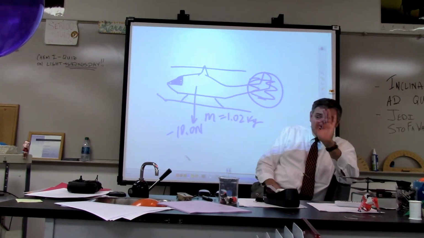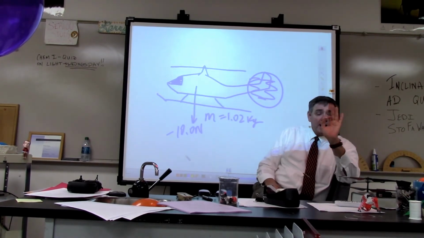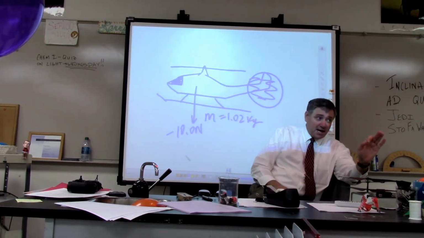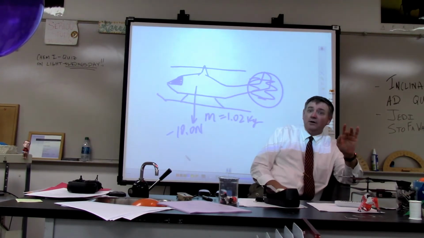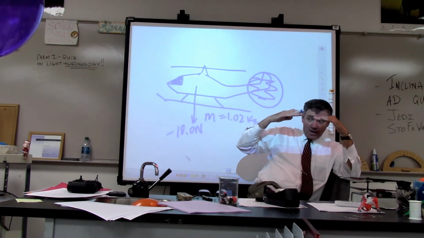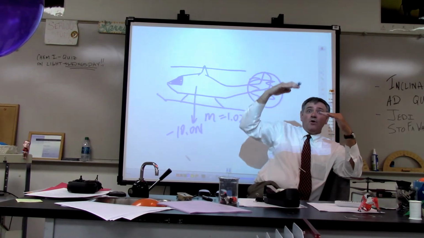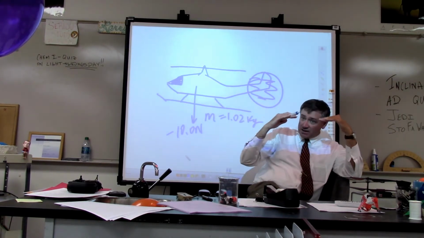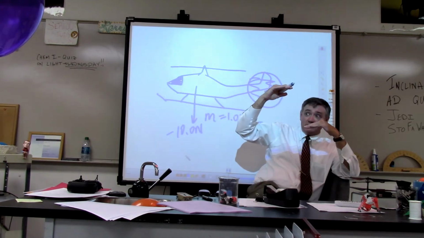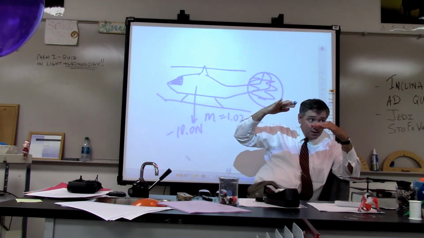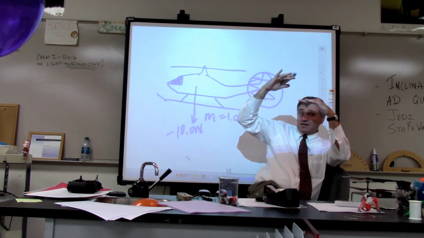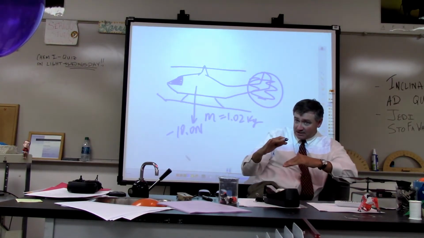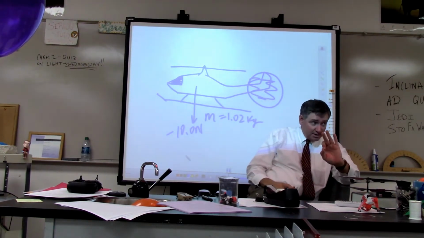So if I want it to just hover, how much upward force do I have to apply? 10 newtons. So if I'm at 10 newtons, I'm either hovering or I'm moving up or moving down at constant velocity. As long as my upward force is 10 newtons, I could be hovering, moving up at a constant velocity, or moving down at a constant velocity, but I'm not accelerating.